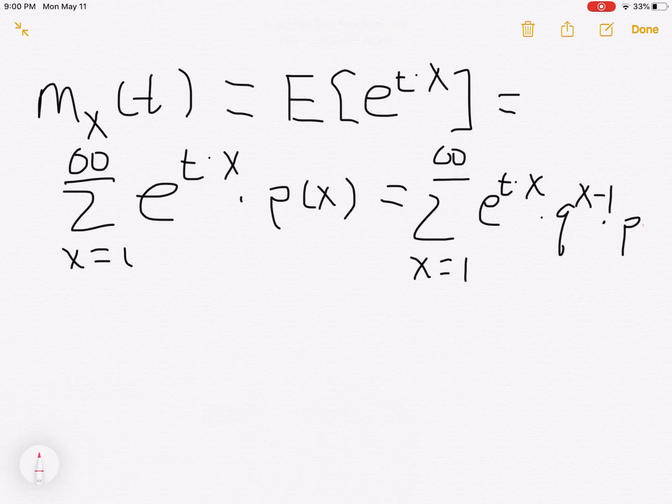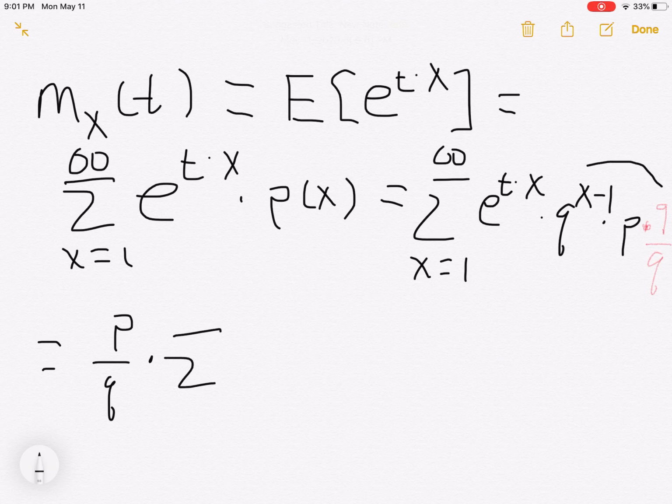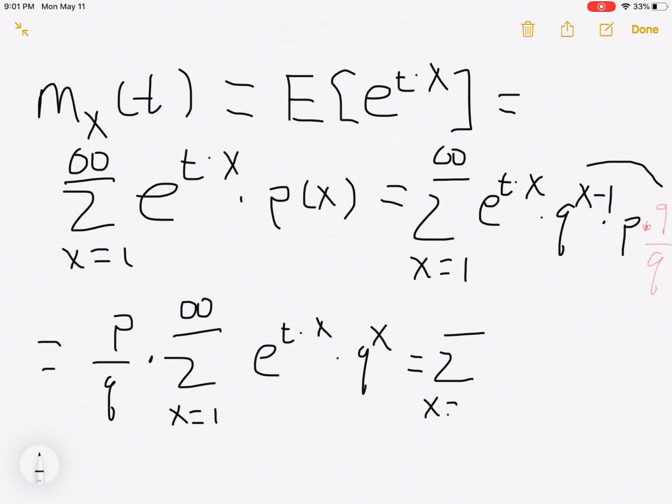I'm going to multiply this quantity by q over q. When we do that, I can do p over q times the summation, and we're going to combine these two terms. This will be the summation from x equals 1 to infinity of e to the t times x times q to the x. And one last thing, writing this from x equals 1, just backing up a second.